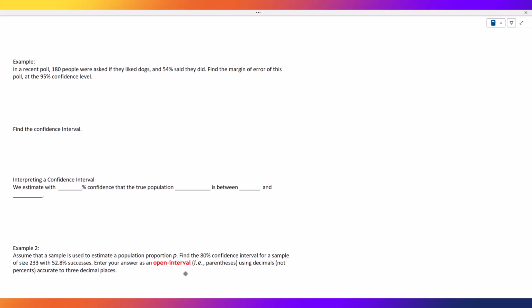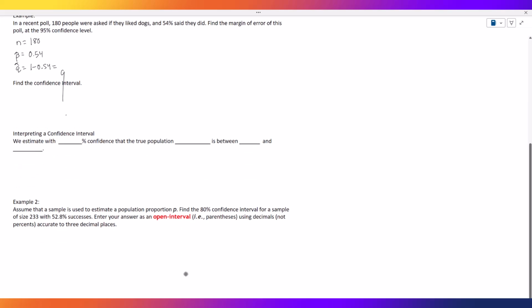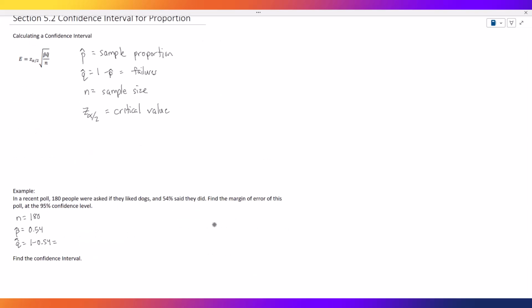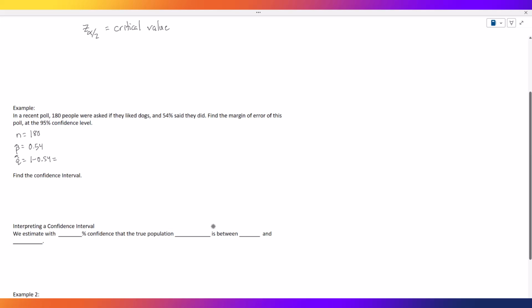So some things I like to do is just write down what I have here. So our sample size is 180. Our proportion of successes, 0.54. That means q hat, 1 minus 0.54 equals 0.46.